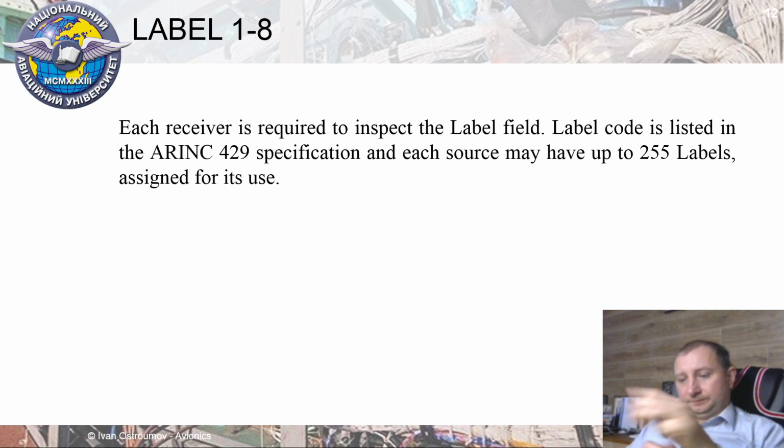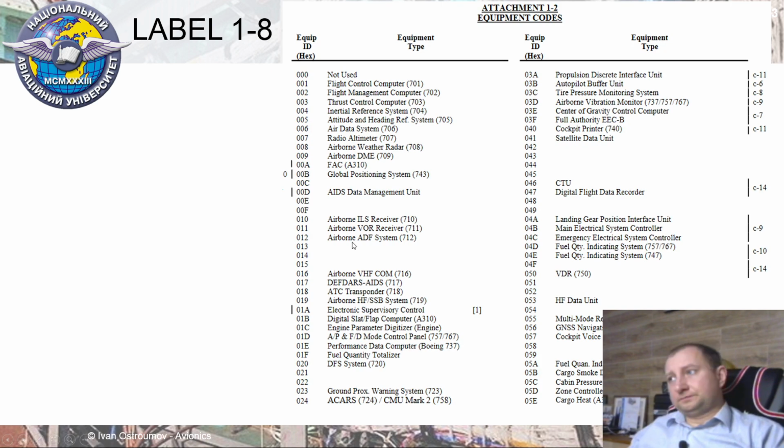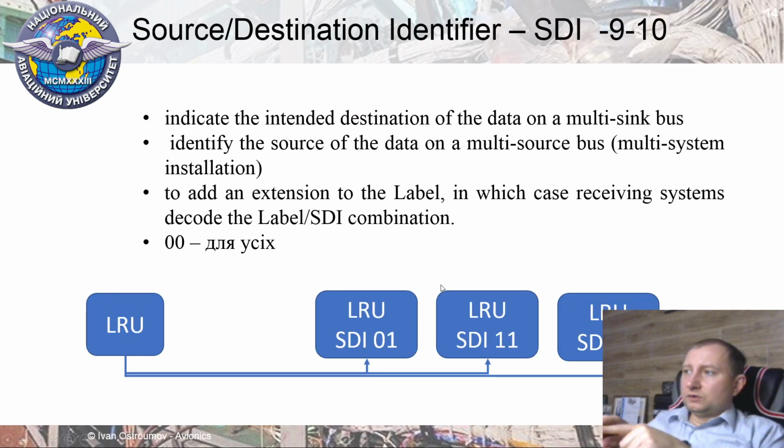In the attachment to the specification of ARINC 429 we have a list of equipment. It is also important that each equipment that can be used for data transferring has a unique identification code, and each parameter which can be transferred also has a unique label.